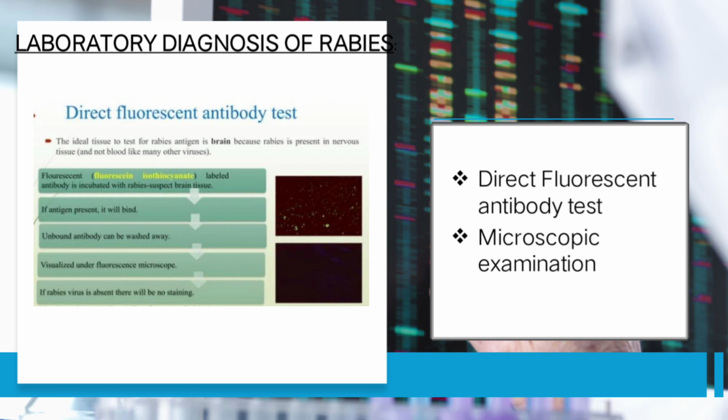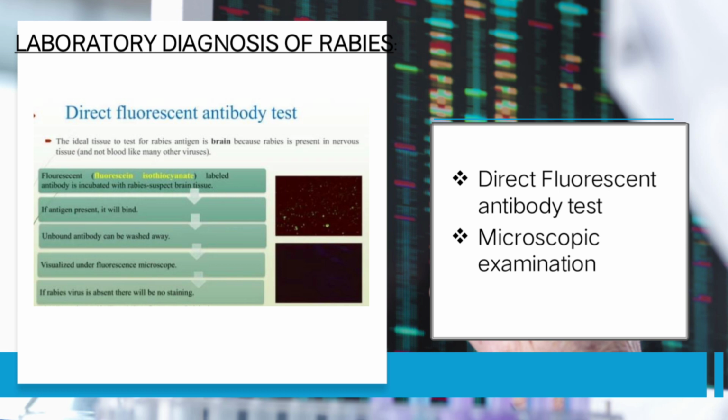This virus is mainly seen in the brain tissue, so for diagnosis the brain tissue is isolated and not the blood. Once the fluorescence is seen under the microscope, rabies is confirmed. This is the laboratory diagnosis of rabies, the direct fluorescent antibody test.